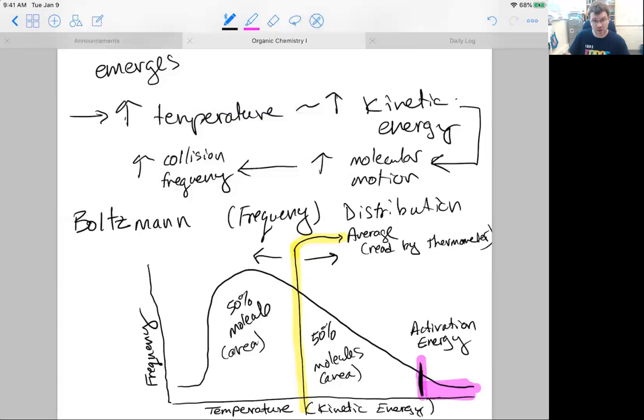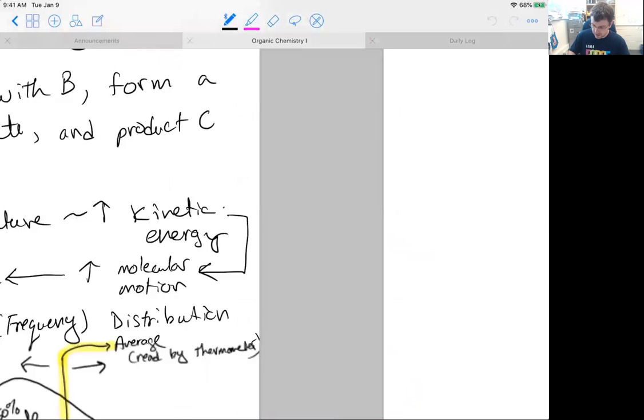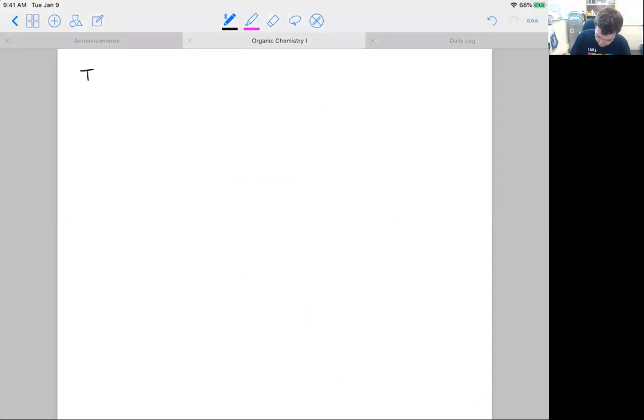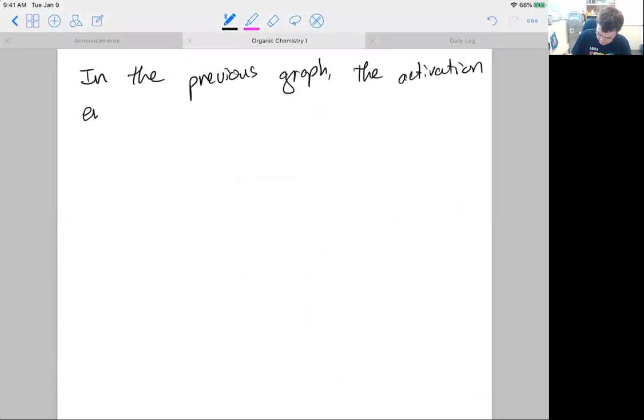It's far to the right on the x-axis, so it is a higher energy than the average kinetic energy of the system. Okay, so in the previous plot, the activation energy is higher.